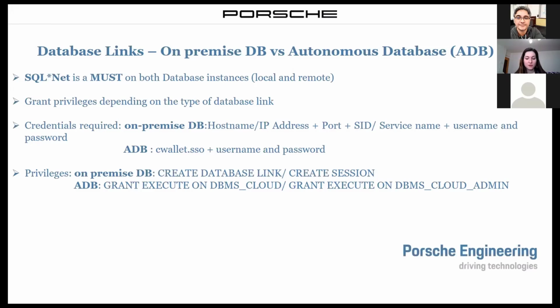And then it might also help us to gather statistics automatically. For the other API, DBMS_CLOUD_ADMIN, we have the option to create DB links. We have the ability to check on application continuity and some information around tablespaces.